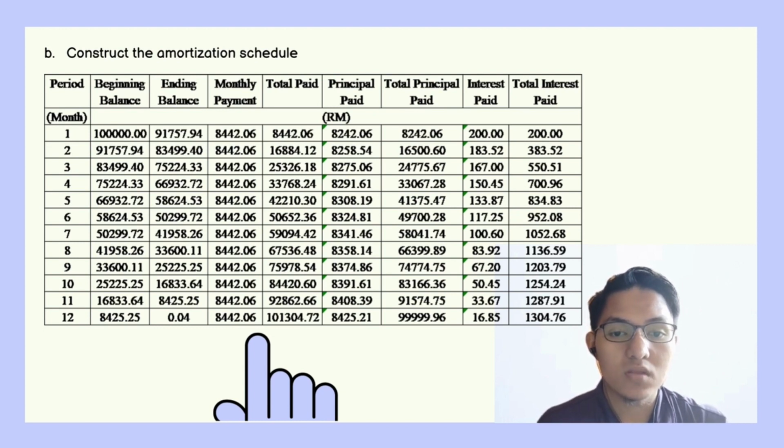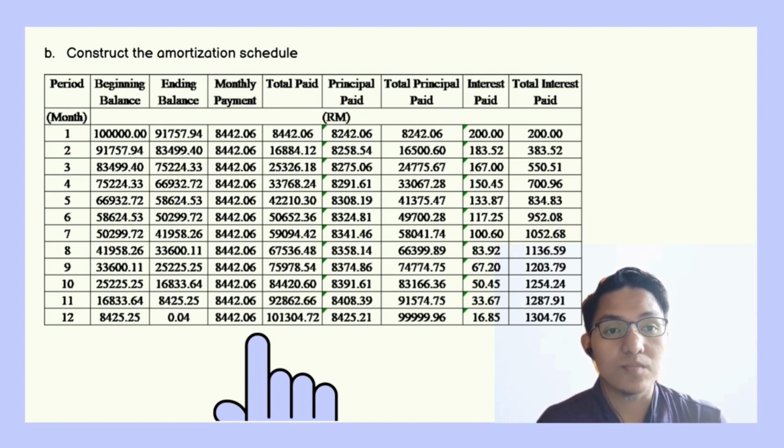For the next part, we will talk about the calculation of total paid. At the start of period 2, the monthly payment will be added to the total paid before.